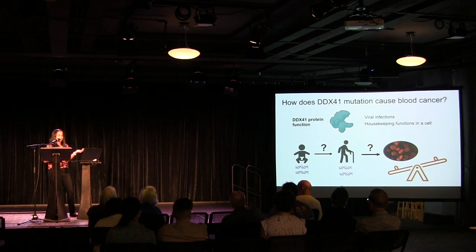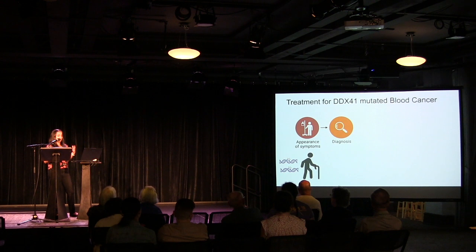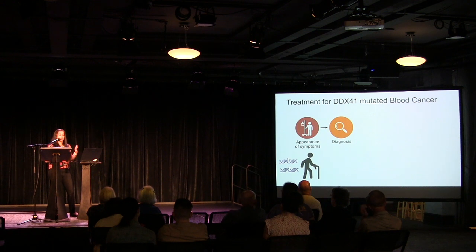So the current treatment for DDX41 blood cancer is like treating any other type of blood cancer. So typically, the patient shows up in the clinic with the symptoms that we spoke about earlier. The doctor then runs a diagnosis and then detects that the patient has a DDX41 mutation and diagnoses that the patient has the symptoms for blood cancer.